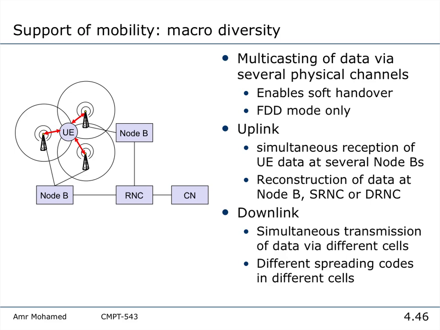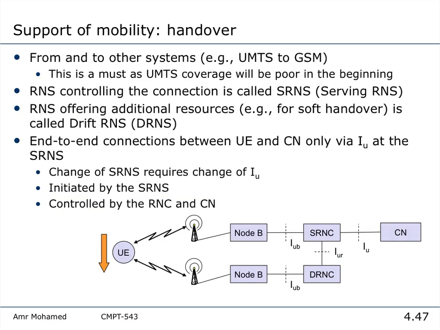In that case, we have 2 types of RNSs. We have what we call the serving RNS. This serving RNS is the one that the UE is connected to, and the drift RNS is the one that the UE is moving towards, right?